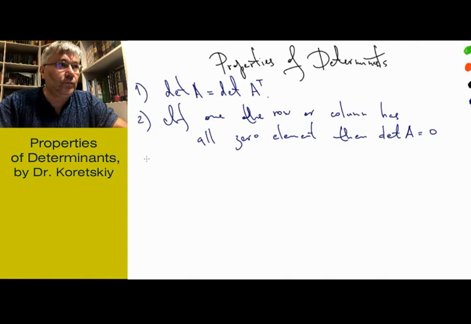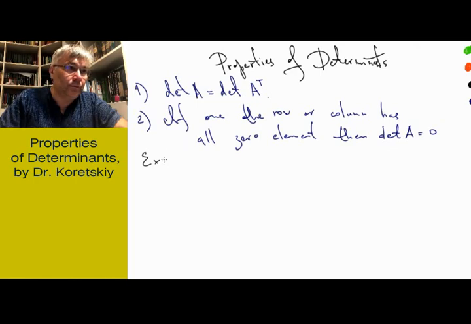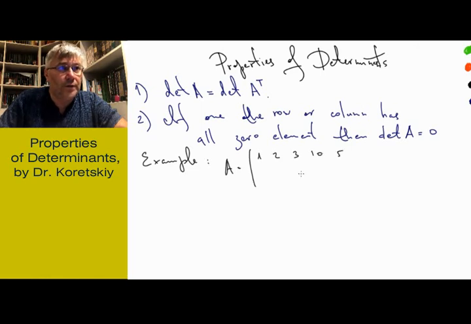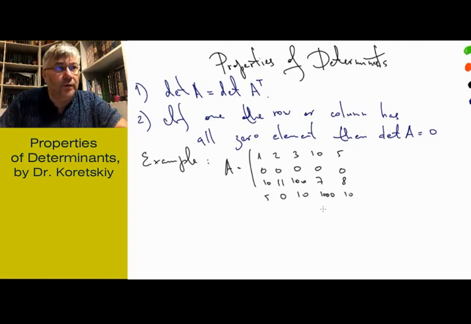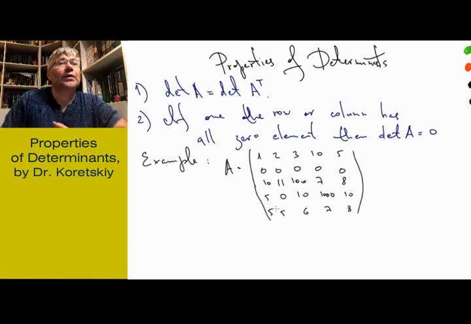For example, here, matrix A equals 1 2 3 10 5 0 0 0 0 0 10 11 100 7 8 5 0 10 1000 10 5 5 6 7 8, and you have a job to calculate determinant of such matrix.